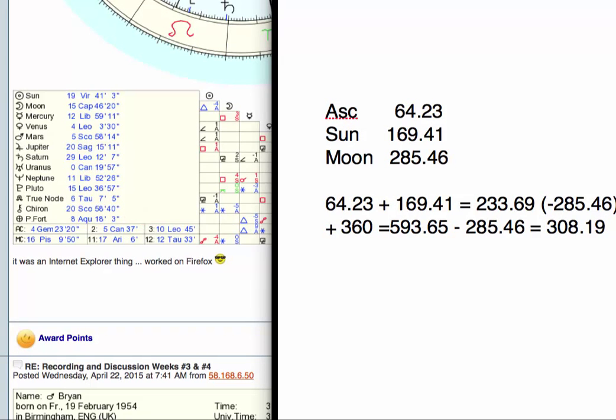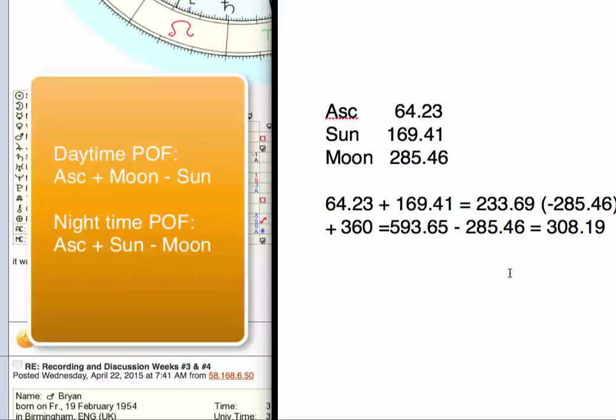Okay, let's just flip that over and do it for the standard and see what we come up with. We're going to add the 64.23 ascendant to the moon this time. So we're adding the bigger number, 285.46. And we find that that is going to equal 349.